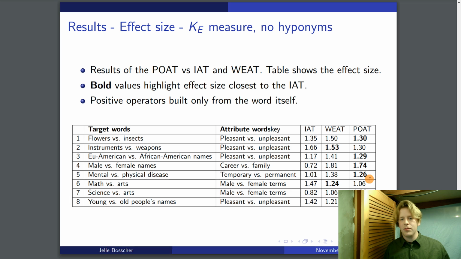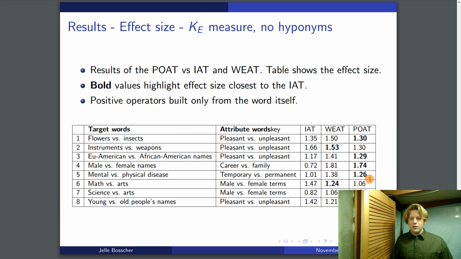And in the next table we can see also the POAT, but now we do not build the positive operators using the collection of hyponyms, but we just use the single word embedding for the vector and build a positive operator of that.